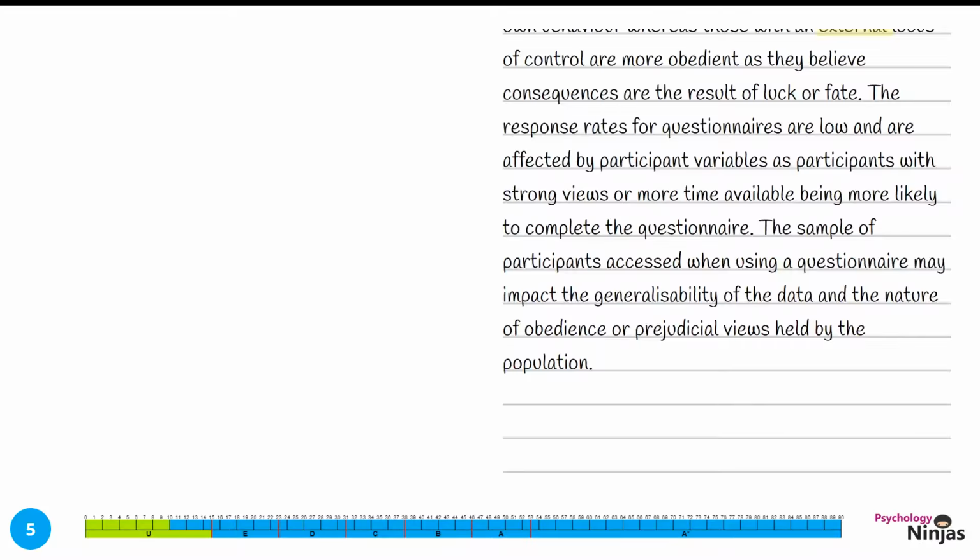Low response rates are a critical problem for questionnaires. We've also explained how particular viewpoints might be more likely to be responding to a questionnaire. It's important here once again we've linked this into social psychology, that this may skew our understanding of obedience or prejudice. Given that we've started this paragraph with a weakness, we're going to counter-argue it with a strength.